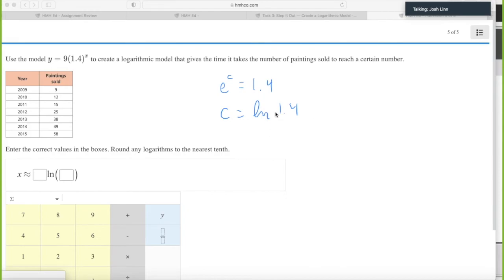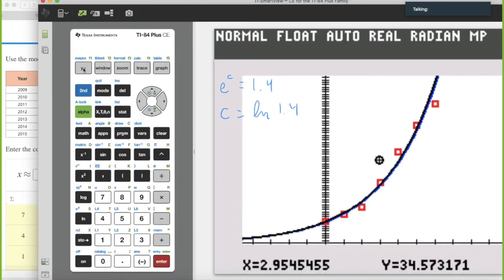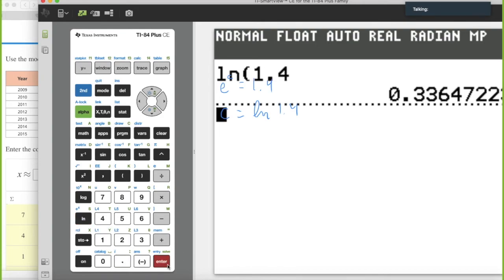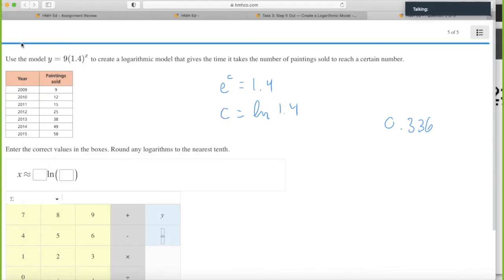We can shove this number into a calculator, wherever my calculator went. Natural log, most scientific calculators should be able to handle this. So then we're going to have 0.336. So all of that equals 0.336.